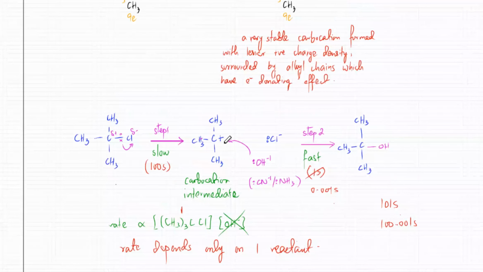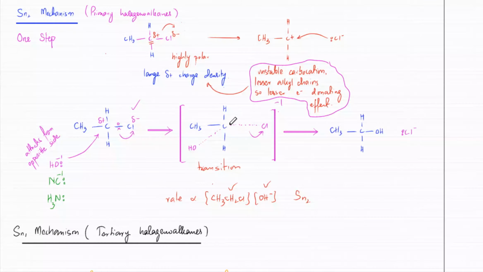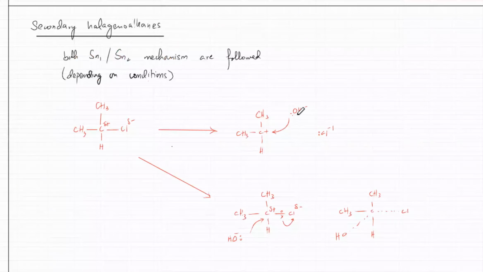But in the primary, the positive carbocation that should be formed is not going to form because the positive charge on this would be very strong because it's not surrounded by large groups. So the Cl would not be able to leave on its own. So the OH must come in to push the Cl away. So secondary halogenoalkanes are kind of in the middle of the two. So the stability of the carbocation is kind of in the middle.